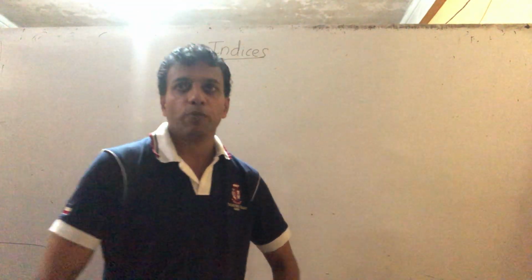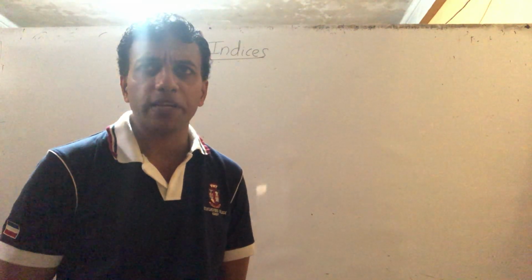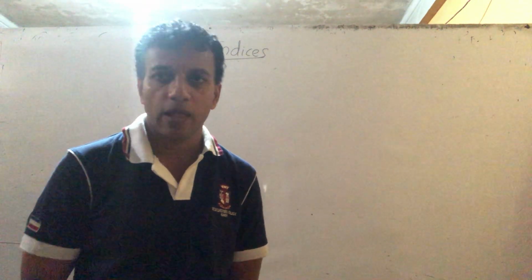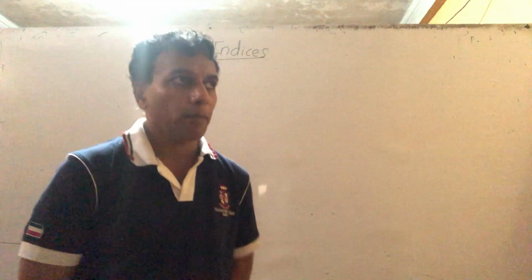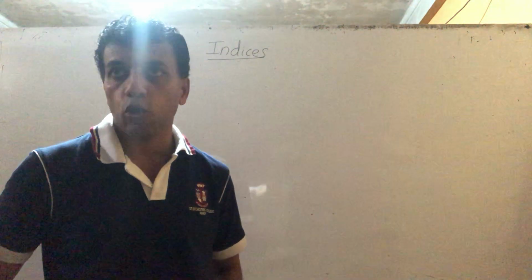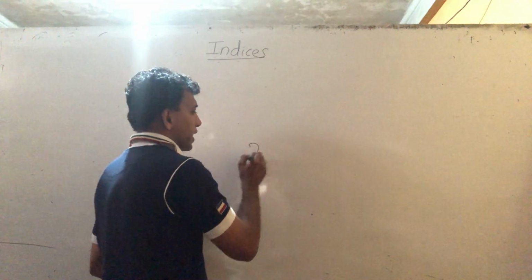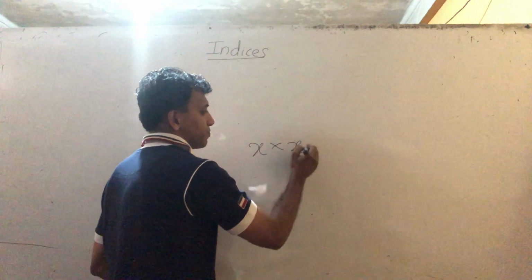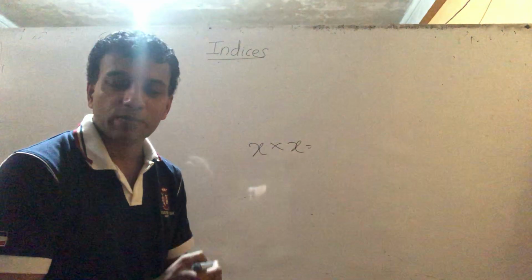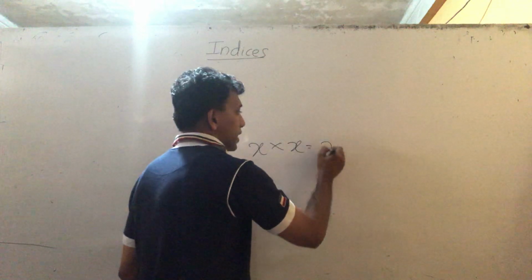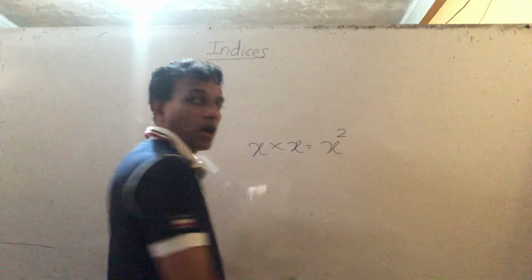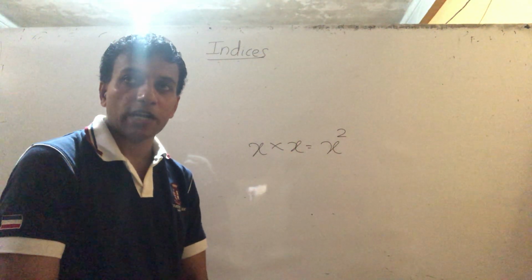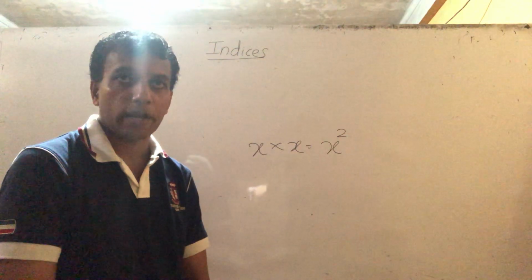So we'll see one chapter called indices. So basically in grade 6, the beginning of the indices is available. What does indices mean? Bases and powers involved, for example, x multiplied by x. You called it in the previous grades x square.